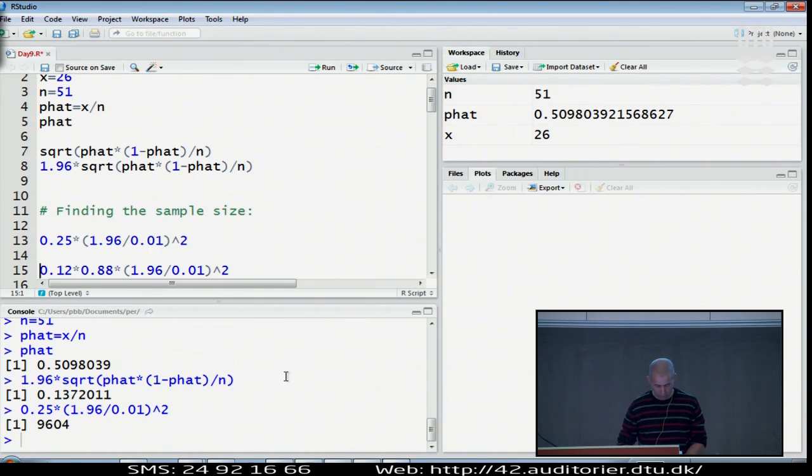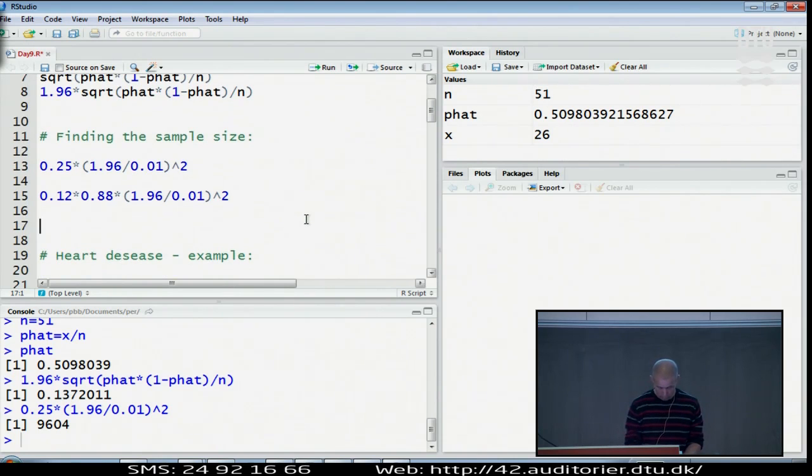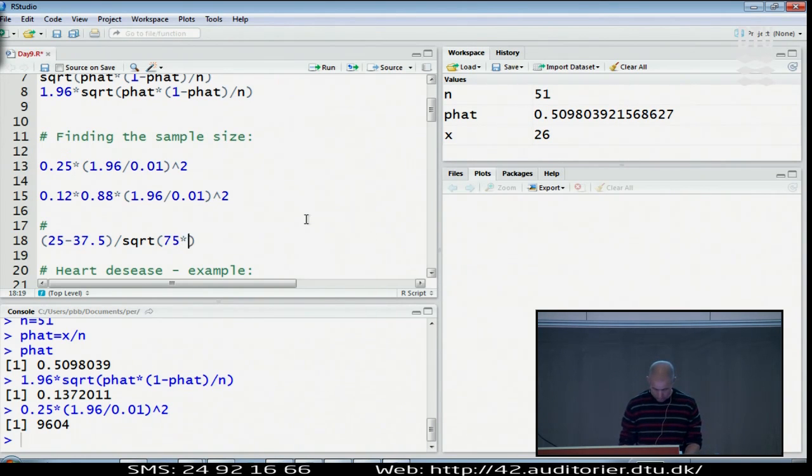Let's see. What was that? 25 minus 37.5 divided by the square root of n times 0.5 times 0.5, 1/2 times 1 minus 1/2, right?